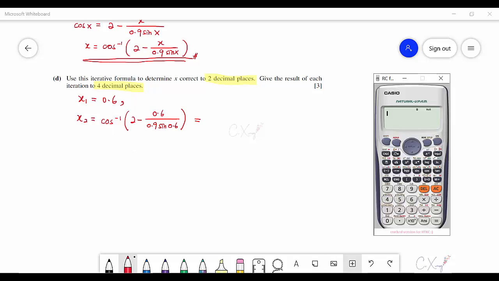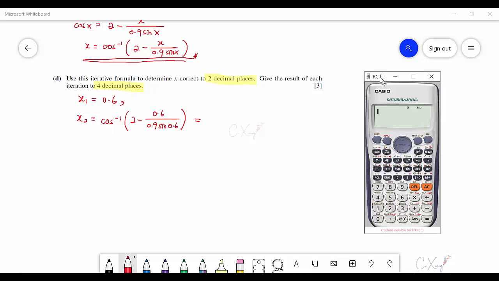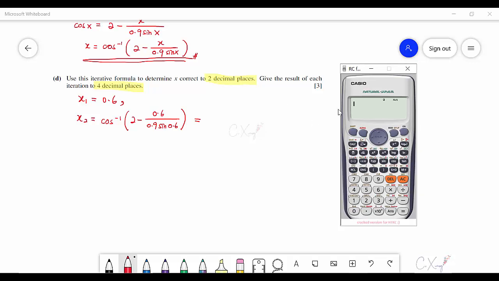Now you can key in the formula here. Again, first of all, you have to ensure that your calculator is in radian mode. Can you see the small r here? Then we have the formula cos inverse of 2 minus the fraction of x divided by 0.9 sine x.